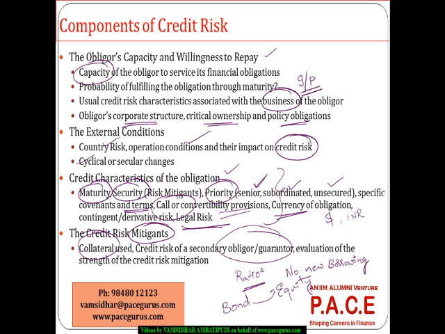We are looking at the obligor or the borrower himself, capacity and willingness to repay, look at the broad economic environment of the country, then look at the instrument itself, the credit characteristics of that, and if there are any kind of credit risk mitigants that are attached to this particular contract.